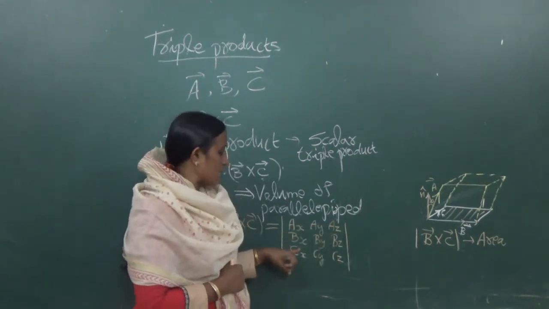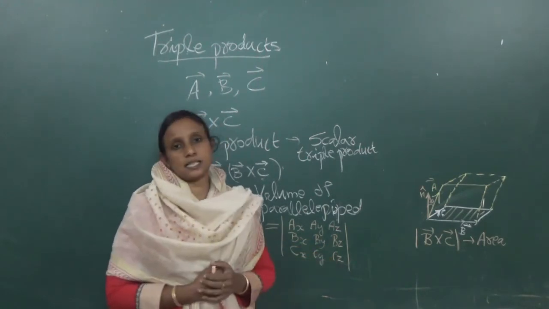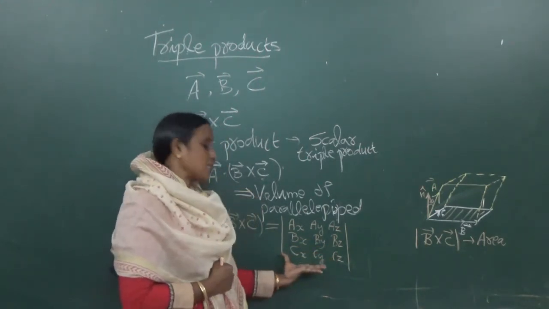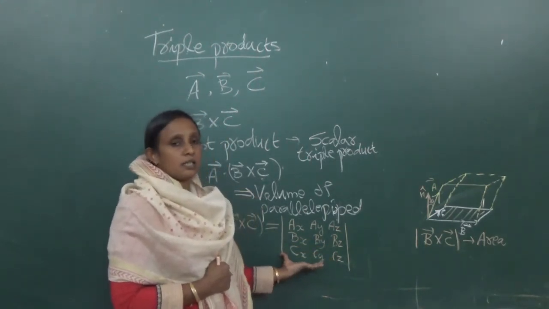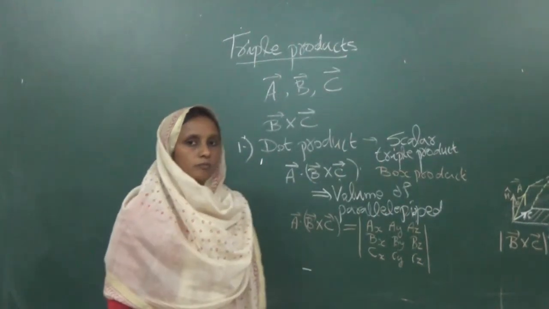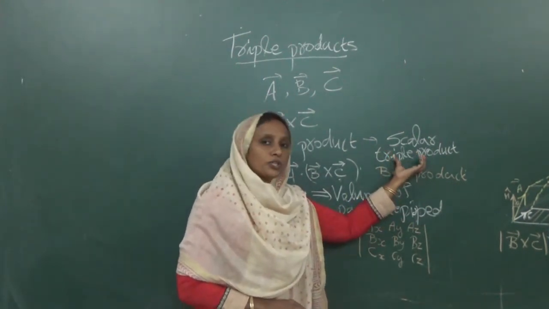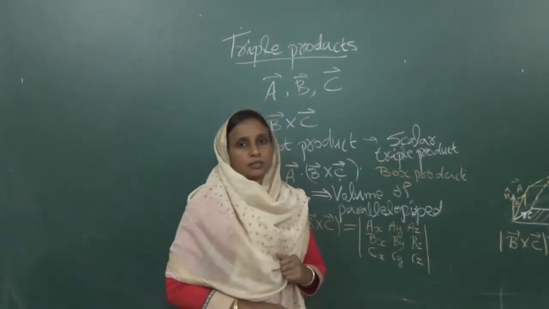Similarly, vector C is given by Cx, Cy and Cz. So this determinant gives us the box product. This scalar triple product is also known as the box product.